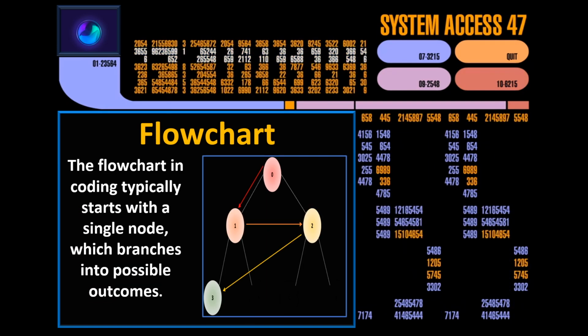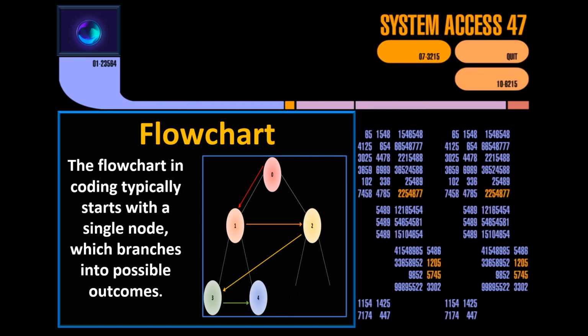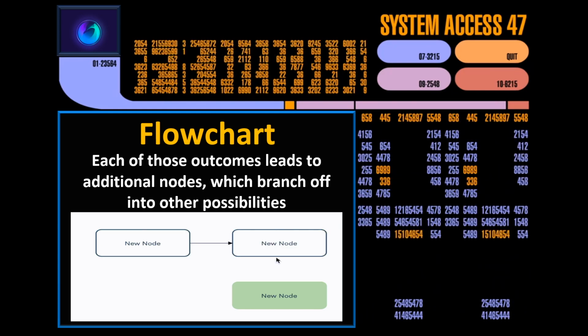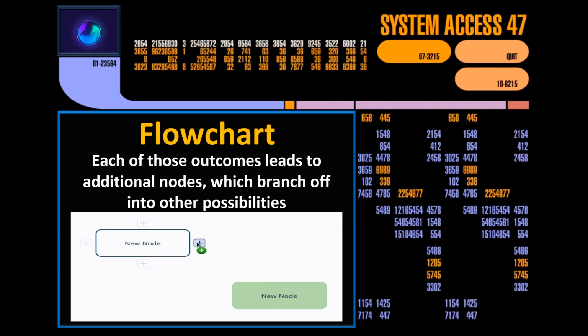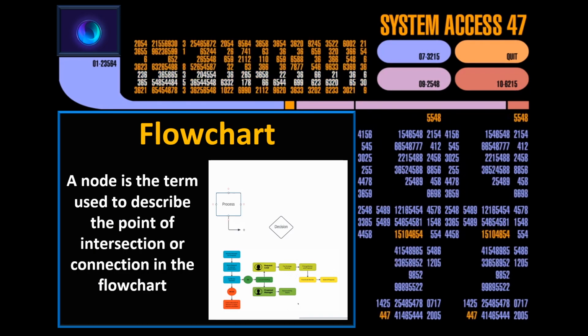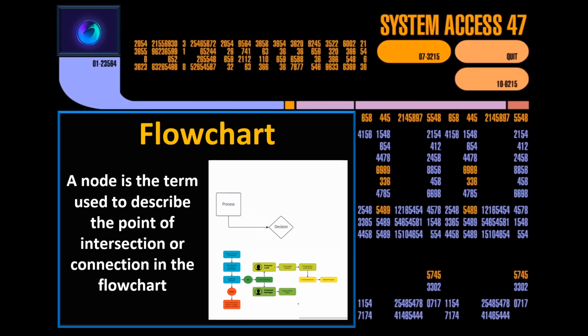The flowchart in coding typically starts with a single node, which branches into possible outcomes. Each of these outcomes leads to additional nodes which branch off into other possibilities. A node is the term used to describe the point of intersection or connection in the flowchart.